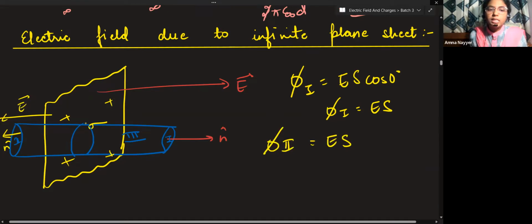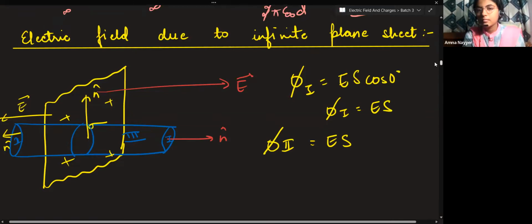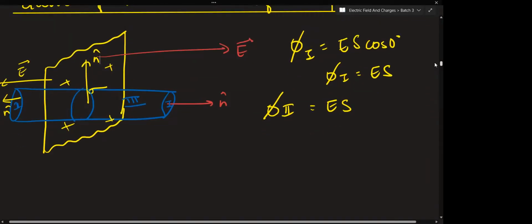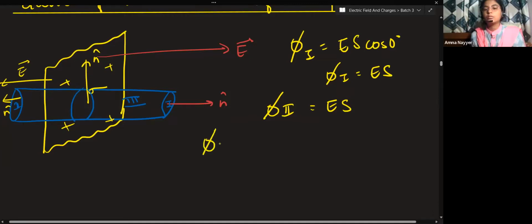Talking about this curved surface, if I drop an area vector, now tell me what is the angle between area vector and electric field? 90 degrees. So this will be 0. This time this curved surface is giving us no flux. So this is cos 90, which is 0. So total flux will be what?